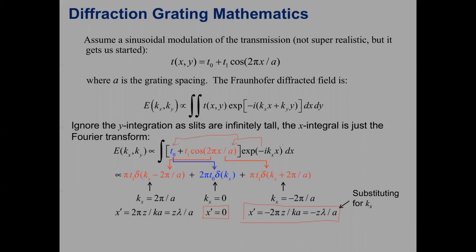Z here is the distance between our aperture or diffraction grating and the viewing screen, just like it was before. Lambda is the wavelength of light. And a, the period of our cosine function, essentially tells us the spacing between the slits to a reasonable approximation.